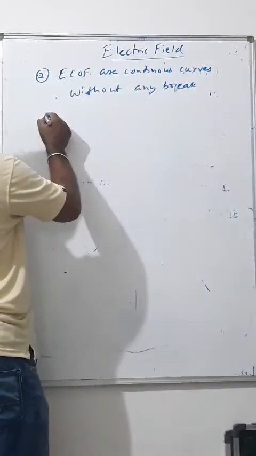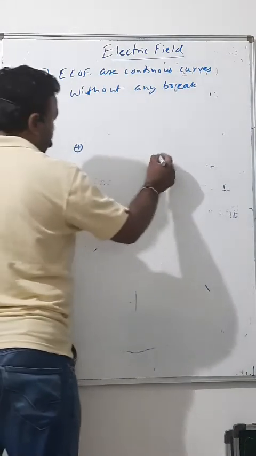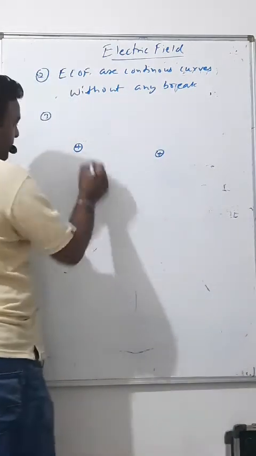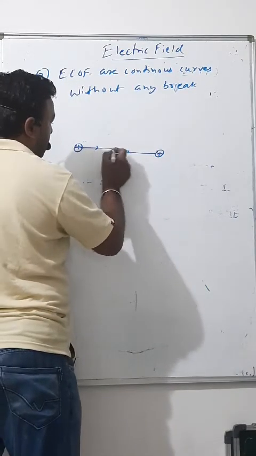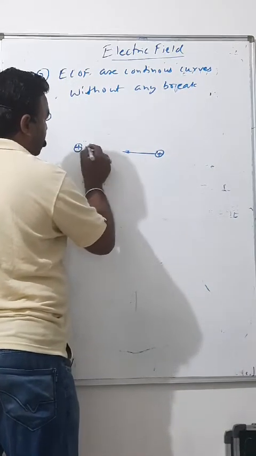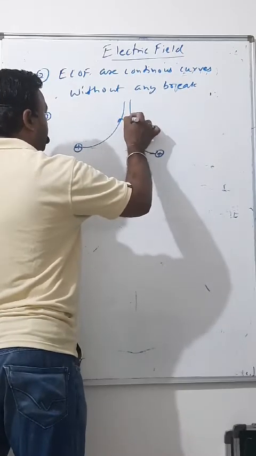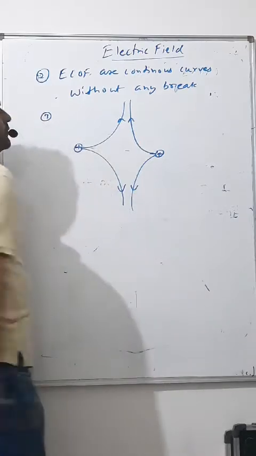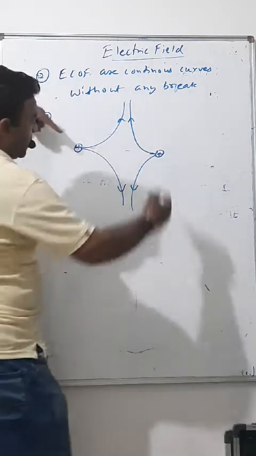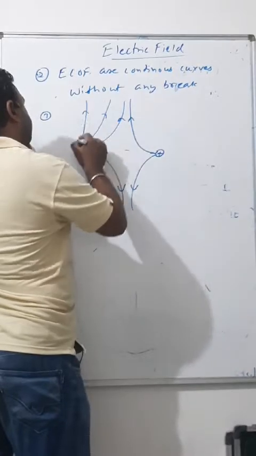This is the third property. Look, here is a positive charge. Here is another positive charge. This line of force is coming here, coming here. They just deviate in this way. Right? They never cross. They go in this way.